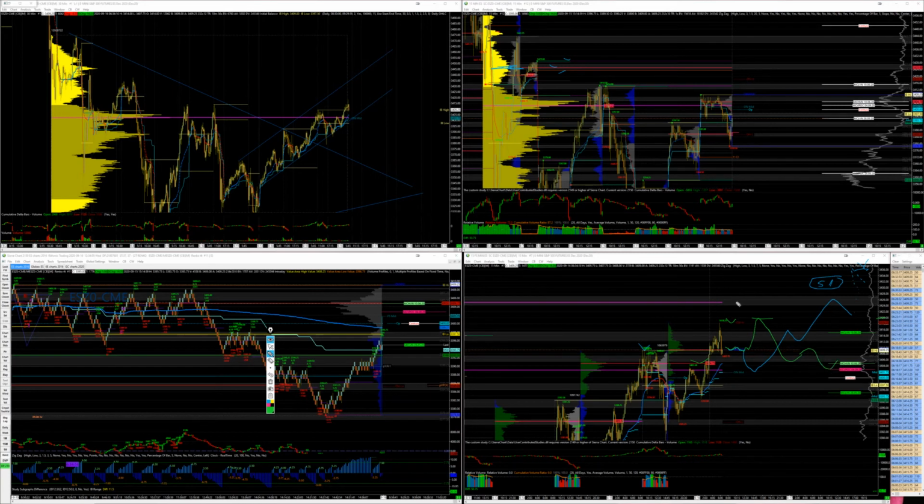Test the MC VPOC of the whole of the area, which is this one here, most traded price from the last few days at around 402. Test that. Test the previous day VPOC, this one. Test that one. And extend the range to give us a daily range of around 30 points.